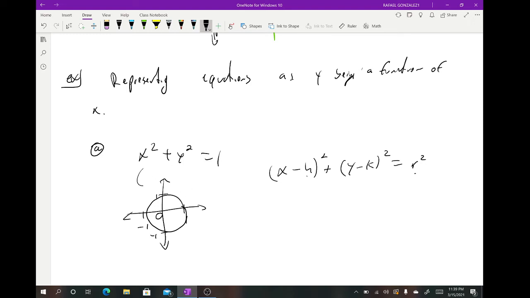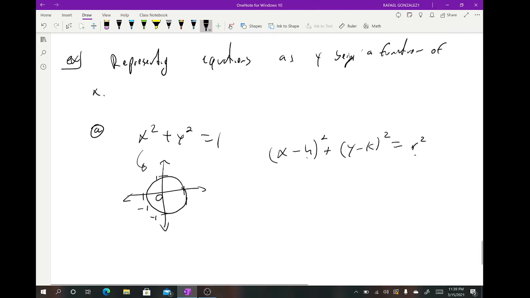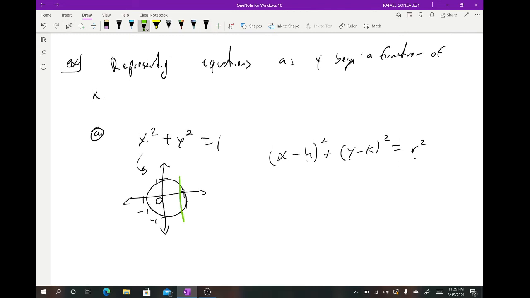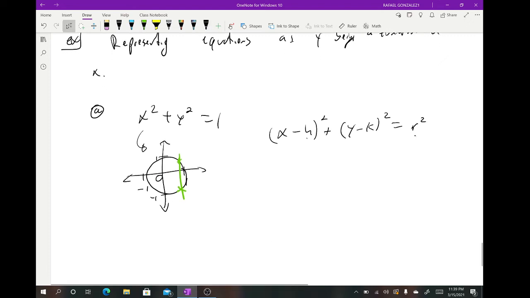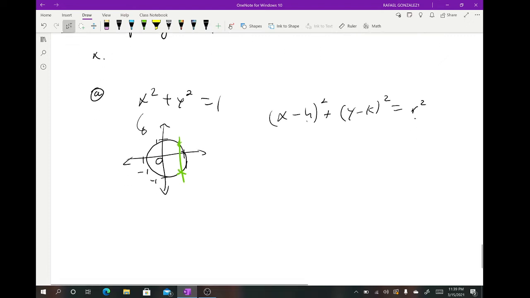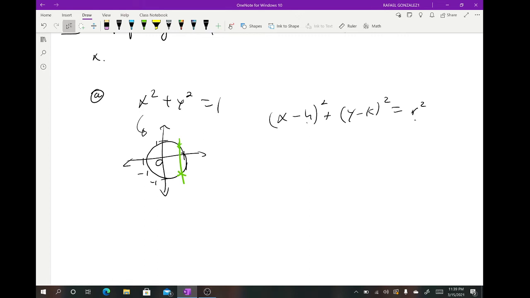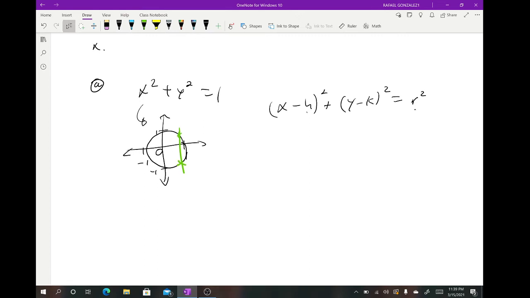So this represents the graph of a circle. Now a circle, again, is not a function. It fails the vertical line test. It's not one-to-one. But we could actually write this as a function if we limit the domain and we put some restrictions.